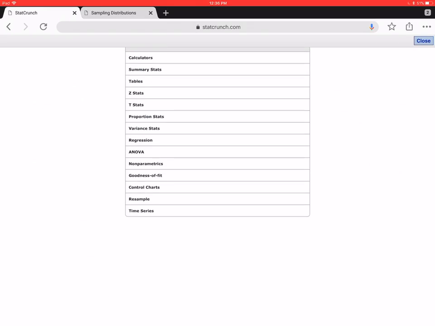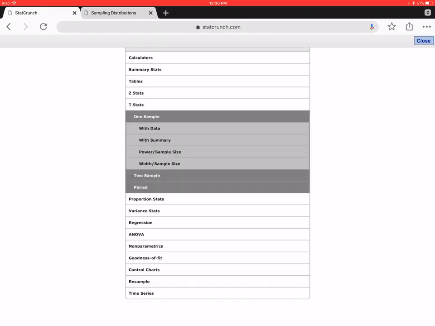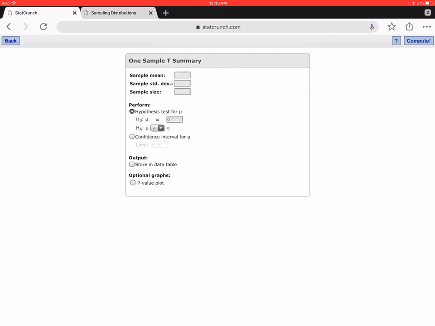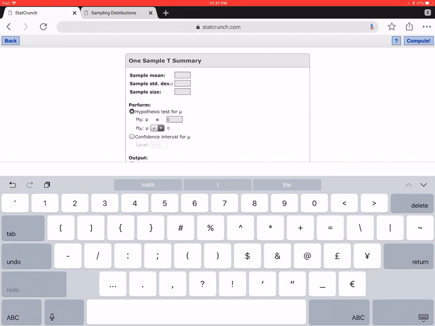Again, we're going to go to T-Stats this time, with summary, one sample with summary. The sample mean we had was 3.68, with a standard deviation of 0.3701. The sample size was 50.